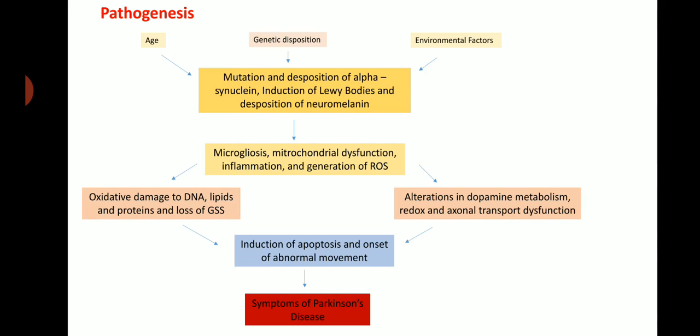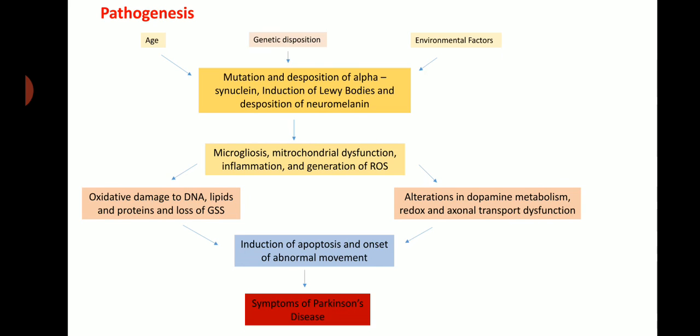Next, there are two types of damage. First is oxidative damage to DNA. After the generation of reactive oxygen species, mitochondrial dysfunction or inflammation, oxidative damage to lipids and DNA will occur, and after that oxidative damage to protein, and after that the loss of GSH.